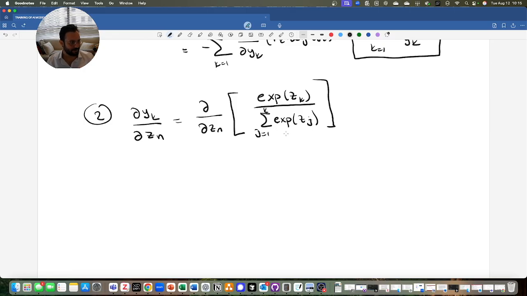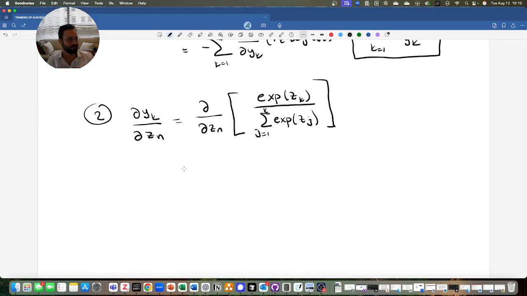And the part in the denominator of the yk calculation is the one that is already covering all of the j's. So that's accounting there for all of the j's, right? So by the time that, for the sake of this calculation, n and k, the j is already used inside.